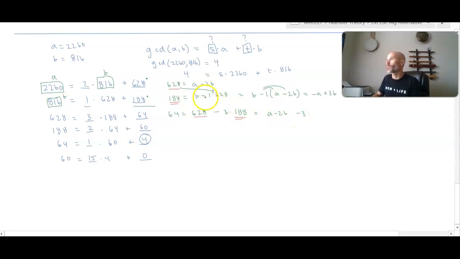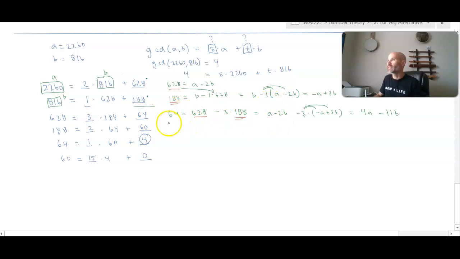Okay, 188, we're replacing that with negative A plus 3B. Don't forget the parentheses there. And okay, now if we distribute, we'll get A plus 3A, which is 4A, negative 2B minus 9B, which will give us negative 11B. Once again, at every step, we should be able to verify that if we plug in the a and the b, that in this case we'll get 64.